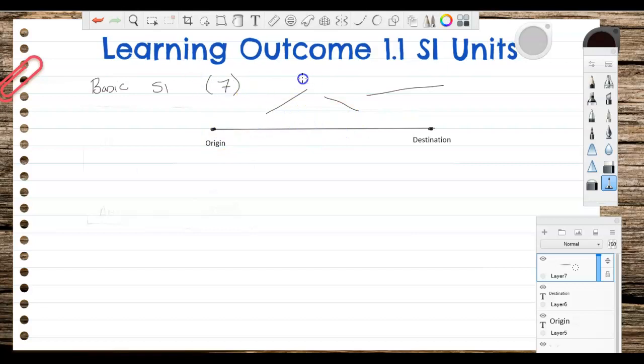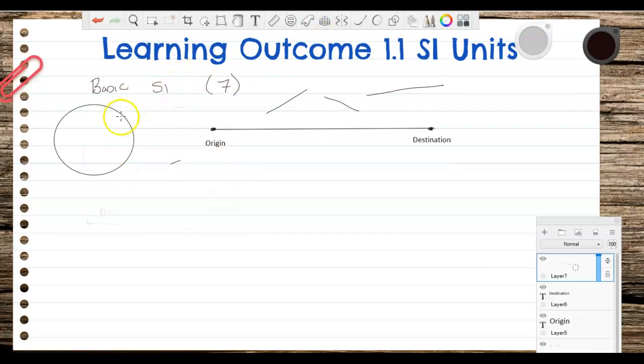This is also true when it comes to a circle. With a circle, obviously we have a diameter and a radius. However, the circumference is a line. It's a linear property.